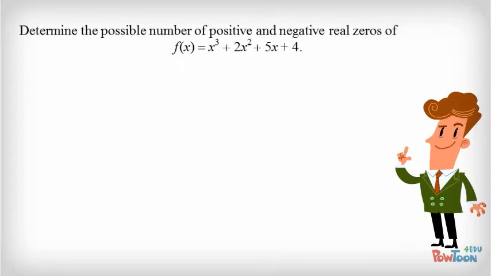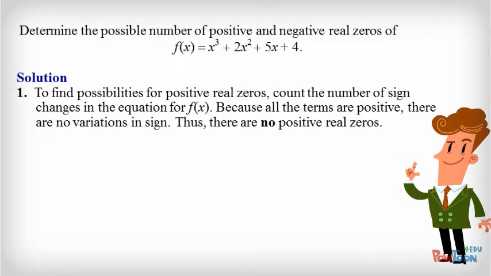Everything's positive. X cubed plus 2x squared plus 5x plus 4. Everything's a plus. So there are 0 sign changes, which tells you there are 0 positive roots. If there were 2 sign changes, there would be 2 possible positive roots, or 0. So it's always whatever number of sign changes there are, or go down by 2.